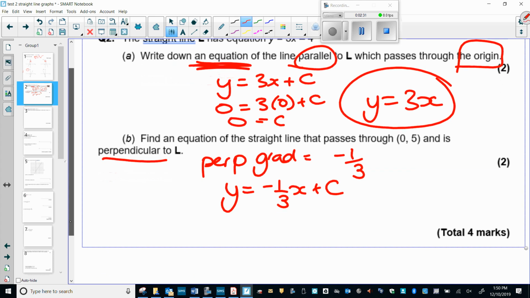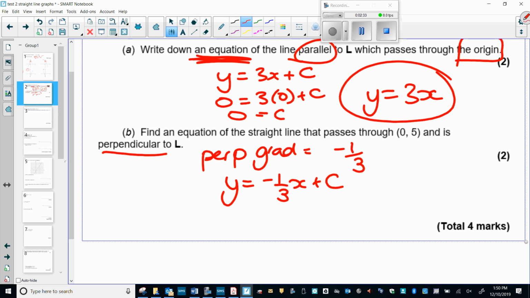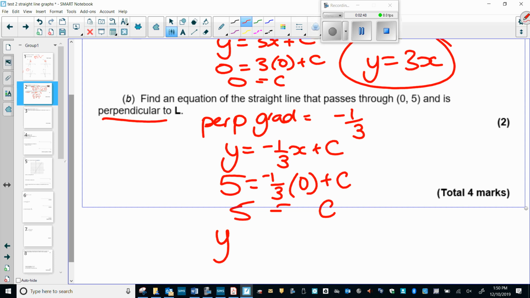If it goes through the point 0, 5, you're then going to substitute those values in, remember? So 5 equals -1/3 times 0 plus c, so c is 5. And so our equation is y equals -1/3 x plus 5.